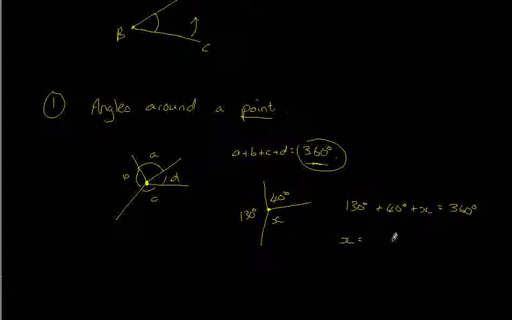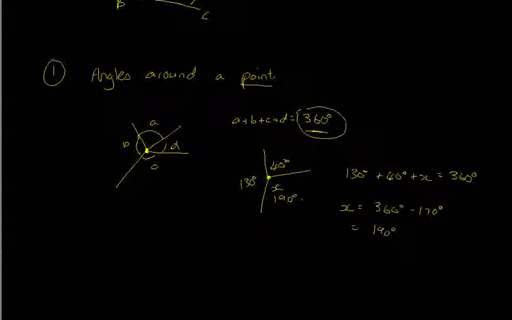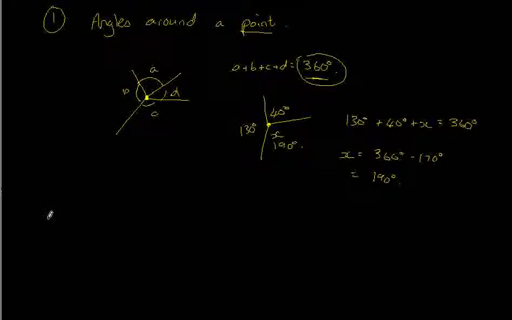Therefore x is equal to 360 degrees minus 170 degrees, since 130 plus 40 is 170, and that gives us 190 degrees. So angles around a point have to add up to 360 degrees. That's our first theorem, or law.